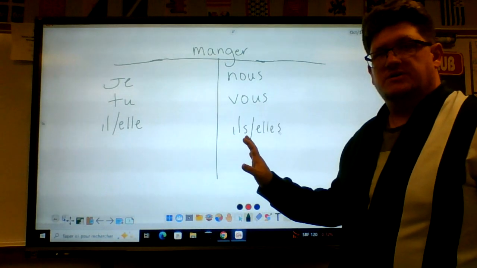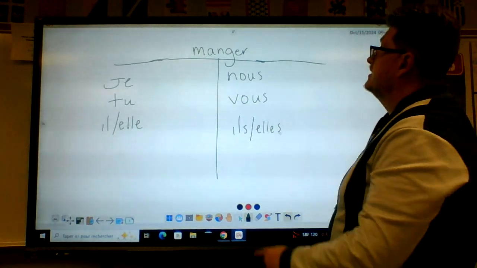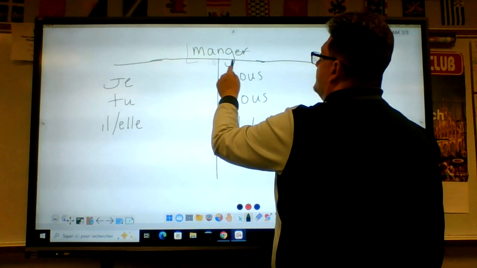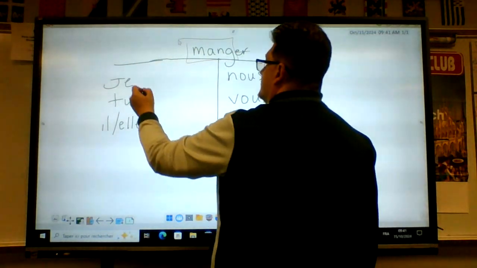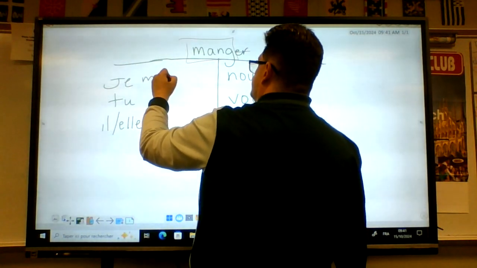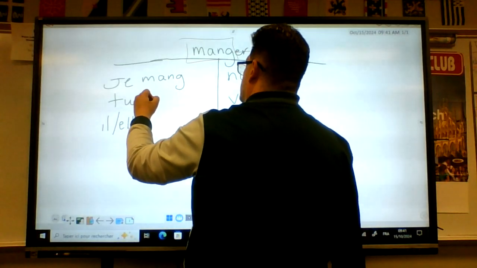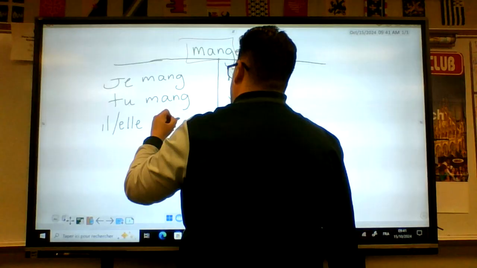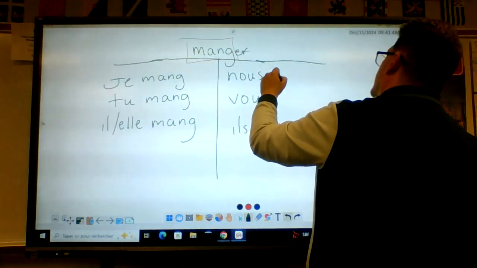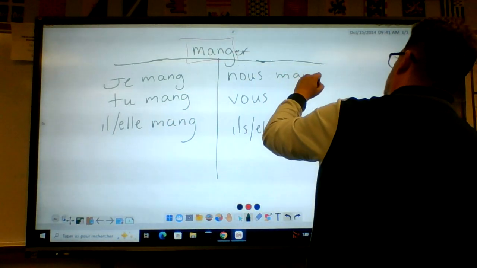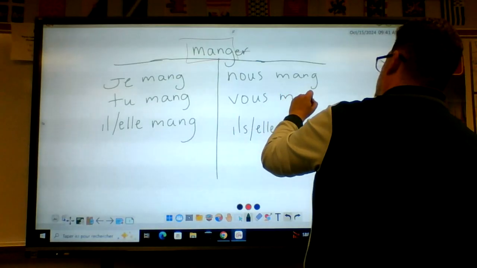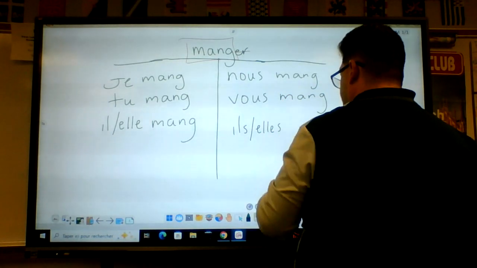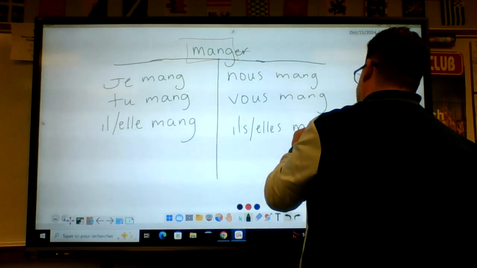Okay, so those are subject pronouns. I want to find the stem, so I remove the ER, and I'm left with my stem. And so I can put that for each one.